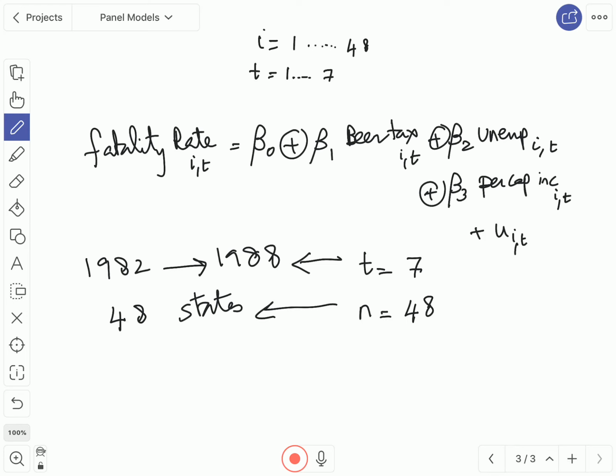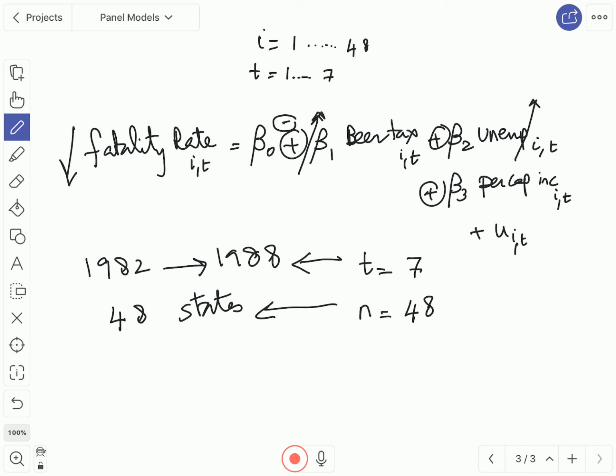So we would expect that the higher the taxes on the cans of beer, the lower is the fatality rate. This is what we would expect, so we would expect this one to be negative. Unemployment rate, we would expect that the higher the unemployment rate, people are staying in their houses, so there is no density on the roads.